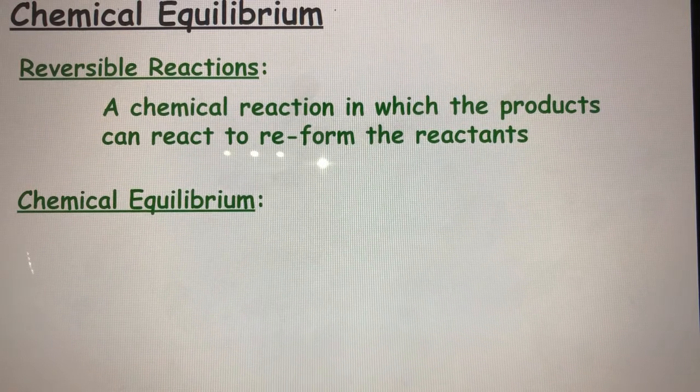So in a reversible reaction, where it's happening both ways, I could be putting bicycles together using up the bicycle parts, the reactants, to make bicycles, but then someone else on the other side is taking the bicycles that I'm putting together and taking them apart and putting those parts back over at the beginning, okay? So that's what happens with a reversible reaction. It is a reaction that can go both ways, and it can happen at the same time.